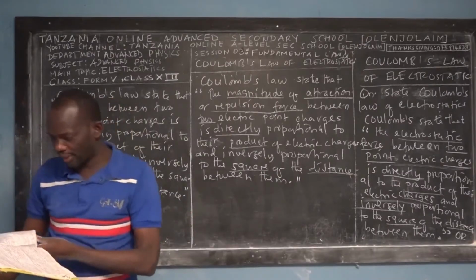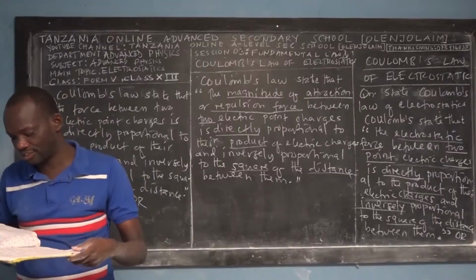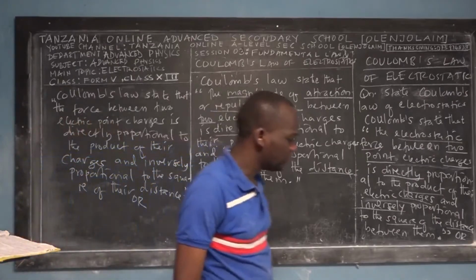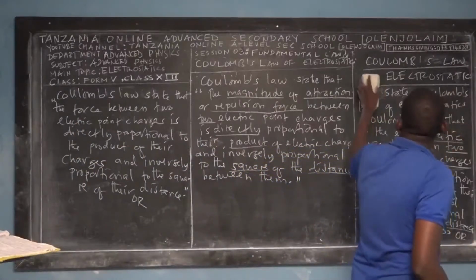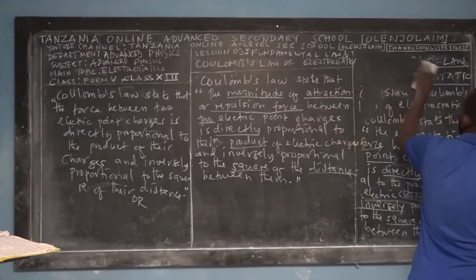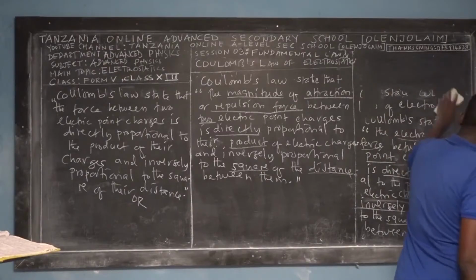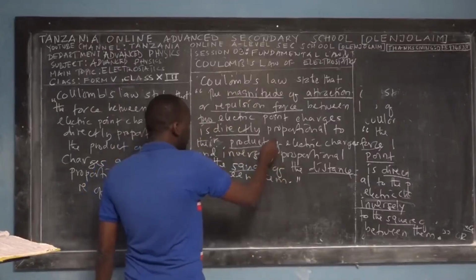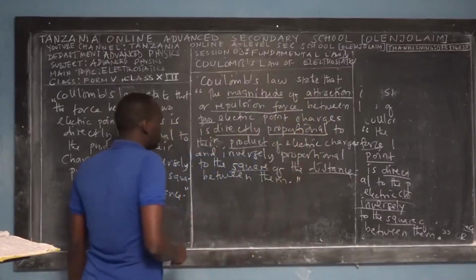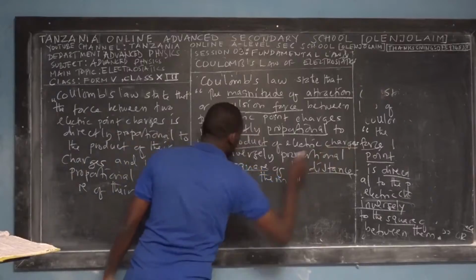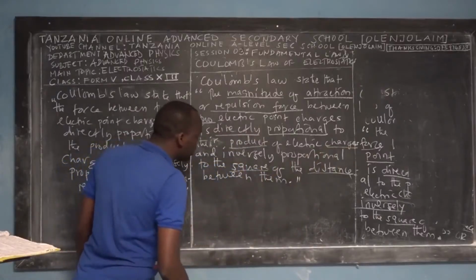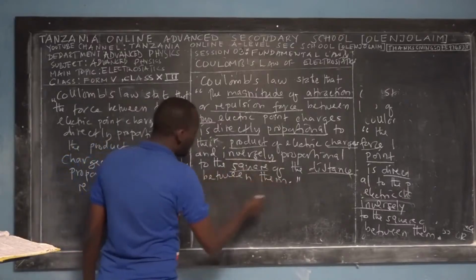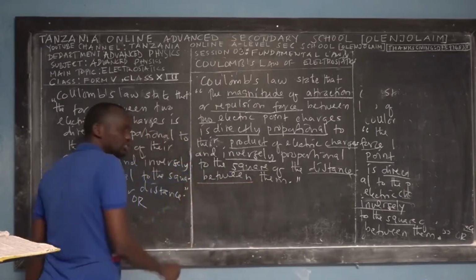If you like physics, you will enjoy it and find it from a different perspective. You can even read other reference books that I mentioned and find they state it differently, but you have to look at the keywords. The force is proportional to the product of electric charges, not the product of mangoes, and the force is inversely proportional to the square of the distance between those two charges.